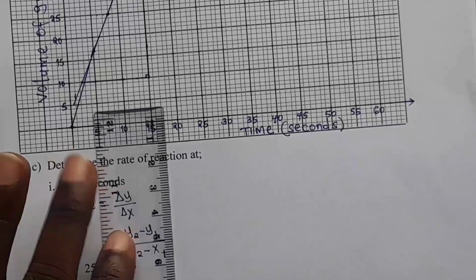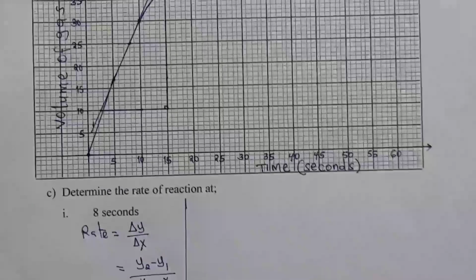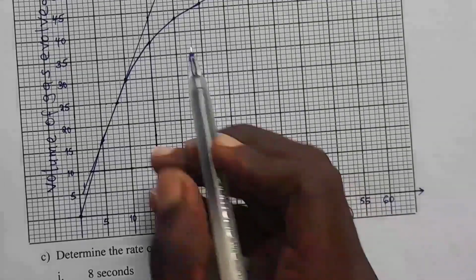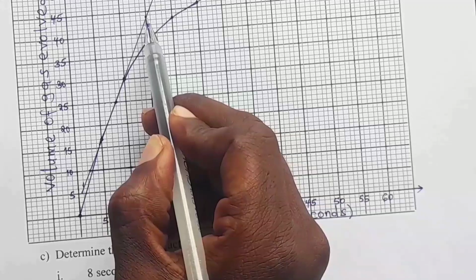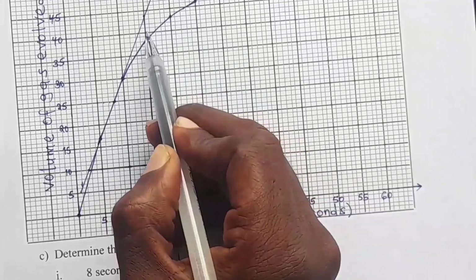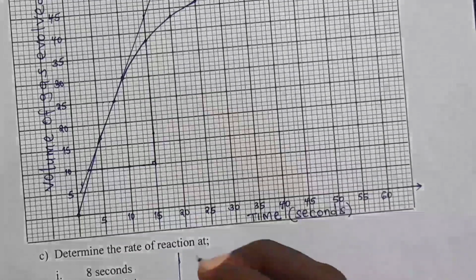From there, what is our y2? We look at the triangle we have drawn. This is y2. If we read this value, we have 40 here, 41, 42, 43, then we have 43.5.